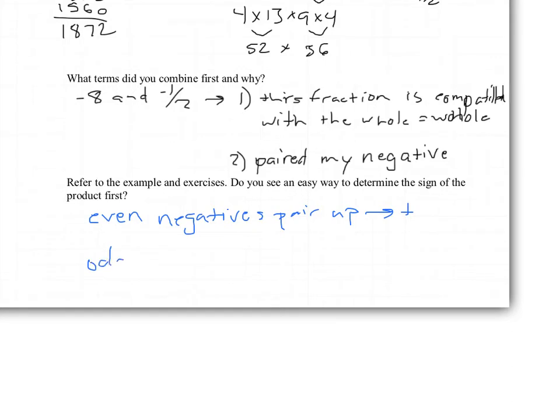Odd negatives leave one out, so it stays negative. And that's a quick and easy way to look through this work and complete your sign without having to work too incredibly hard. Alright, flip on over to your partner work time and jump through those problems. Go ahead and pause the video until you have that work done.